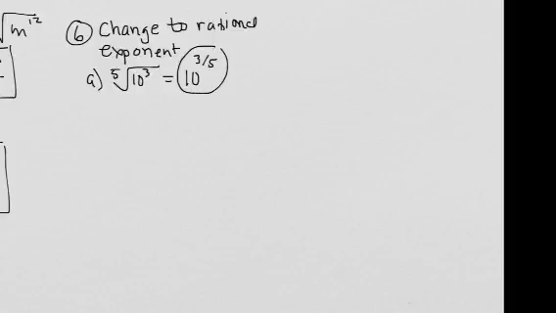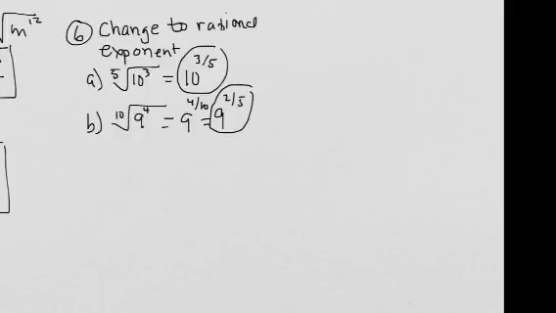And that's all you do. Okay, another one, 10th root of 9 to the 4th. So this would be 9 to the 4/10, which you could reduce if possible, so 9 to the 2/5. So that would be the final answer.